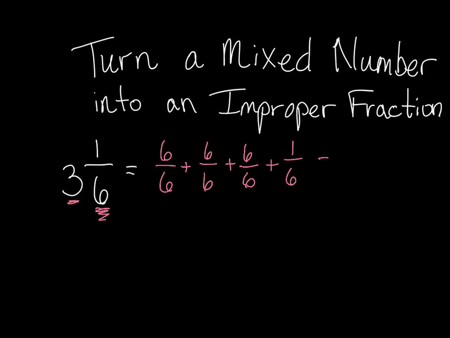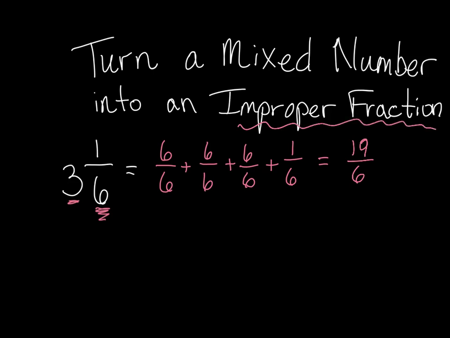And if we add this all up, 6 plus 6 plus 6 would give us 18, plus 1 would give us 19/6. And there's our improper fraction.